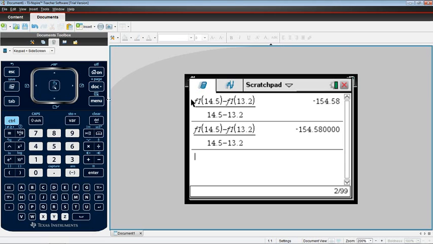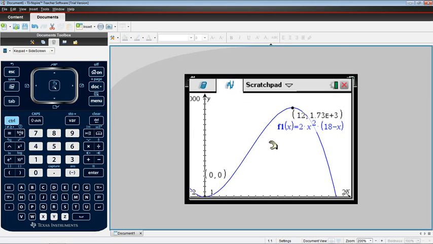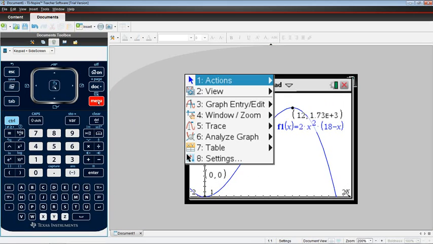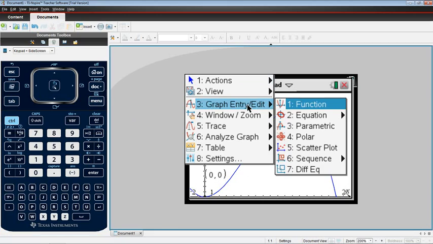Okay, part E. We want to know for what values of x will V of x satisfy the inequality V of x less than 800. In order to do this, again, let's go back to the calculator. So I'm switching modes. Let's go back to the graph.